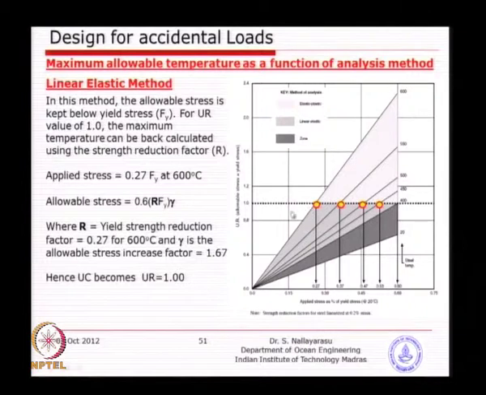So, the typical example will be exactly the same design, only that we have, for example, a unity check value of 1 at 600 degrees, so basically your applied stress must be reduced to 27%. When it was 400 degrees, we could allow up to 60% of the original load, whereas when you go to 600 degrees C, we can only allow 27%.